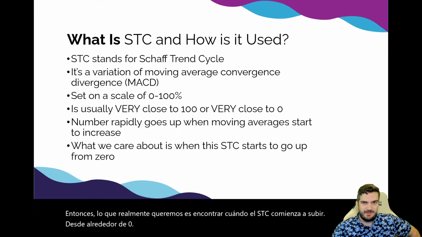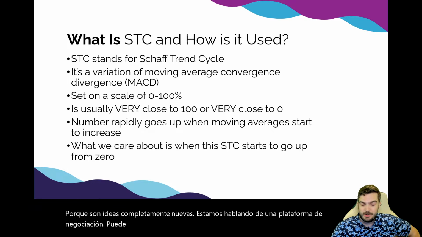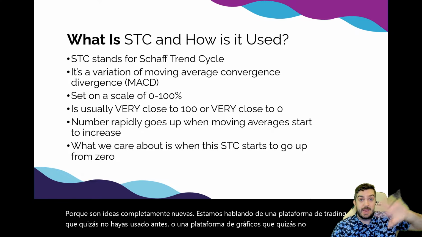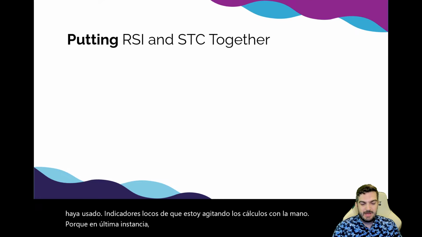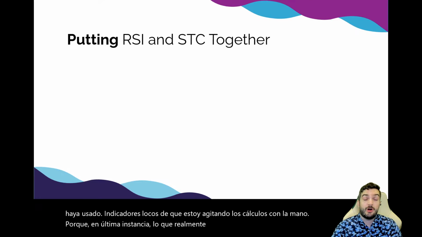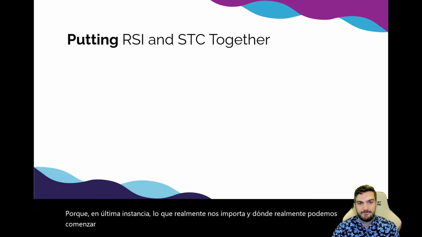This seems like a lot because they're brand new ideas. We're talking about a trading platform you might not have used before, or a charting platform you might not have used, crazy indicators that I'm hand waving the calculations on, because ultimately what we really care about, and where we can really start our conversation, is how we put them together.